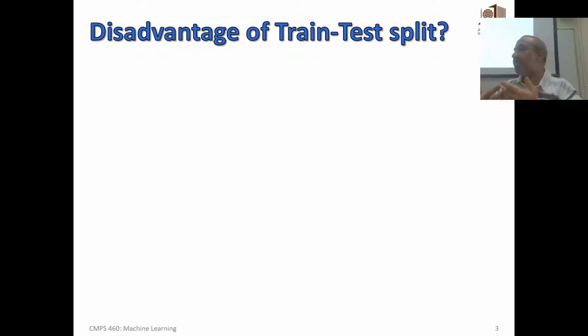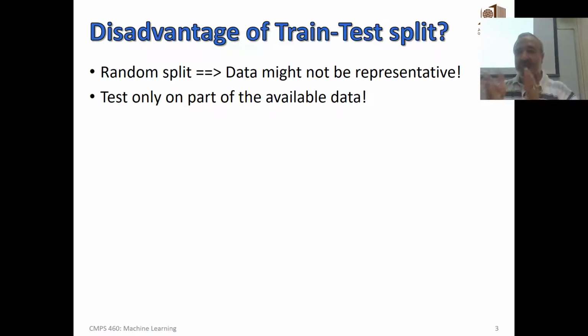We would love to test on much larger data so that we get a performance that reflects the actual performance of the model in the future, on more realistic, unseen data. So we have two problems here. The random split might not give us a representative set, and we are testing on only part of the available data. We are using most of the data for training and just a small portion for test.